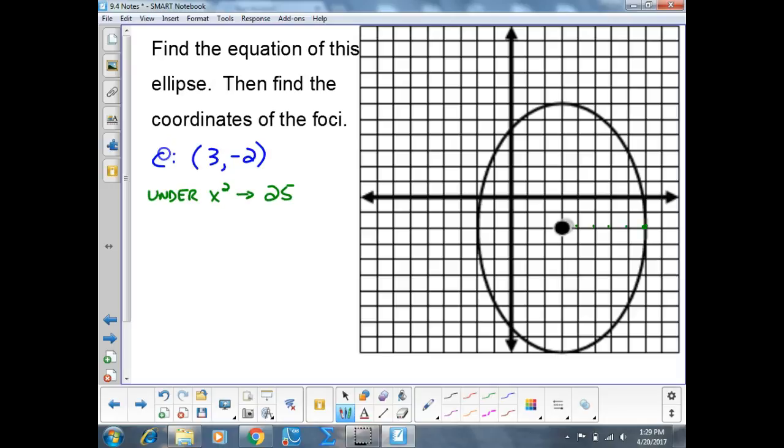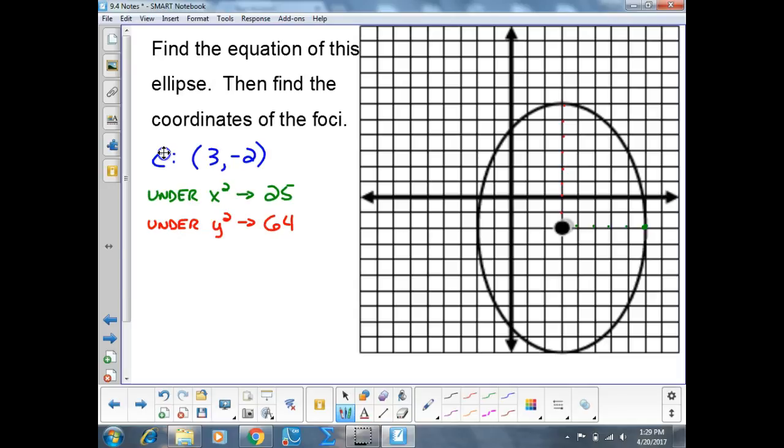Okay? Under the y squared term, 64, because we're going 1, 2, 3, 4, 5, 6, 7, 8 to get to the top. Okay?